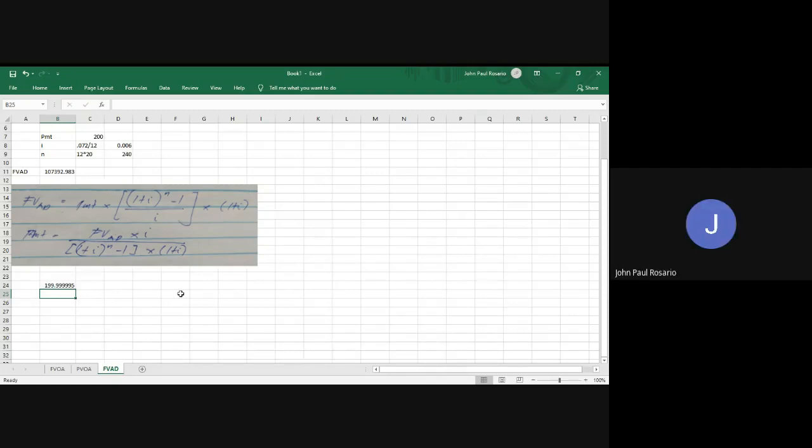Now, the problem is, what if ang unknown is si n? Gusto naman ang formula for n, ba? Sige daw.